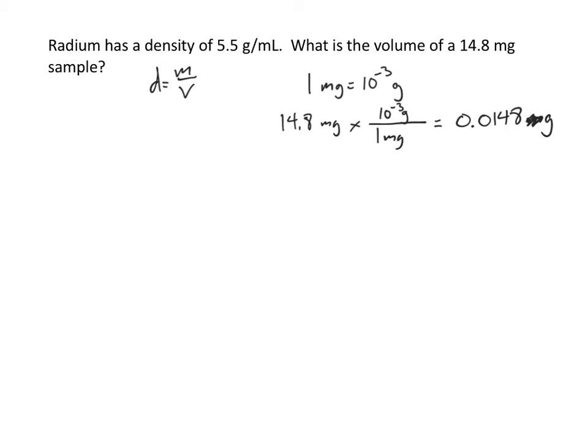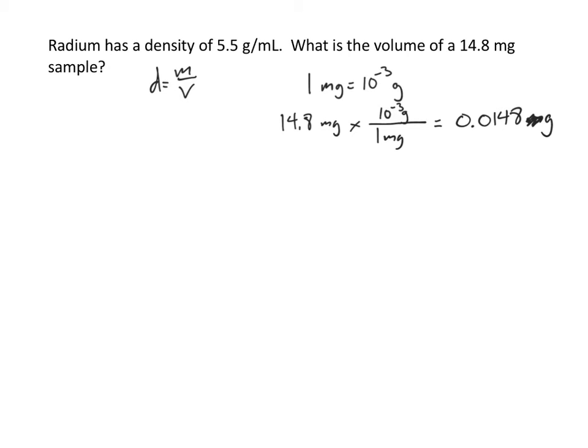And the reason I like to do that is because then when I plug in my values, in this case the density and the mass, I can include the units with them, and I can see that the units cancel out to give me what I would expect. And so this serves a number of useful purposes. I can confirm that the units that I get make sense, or if I'm not sure what my units should be, by going through this process carefully, I will get the correct units.